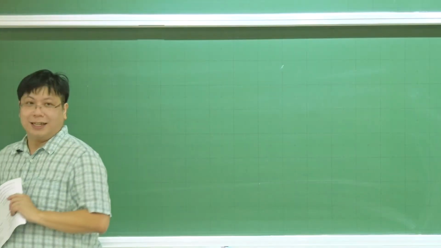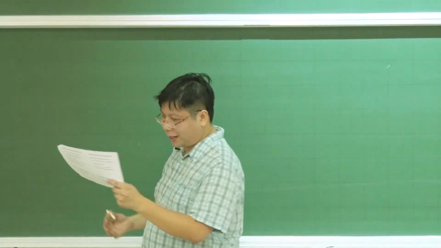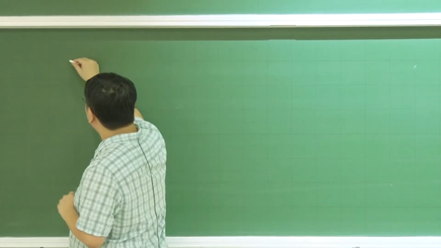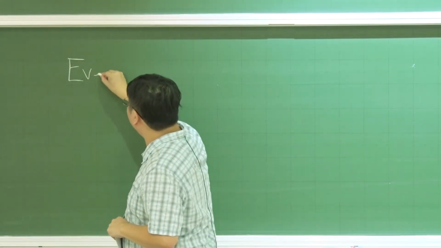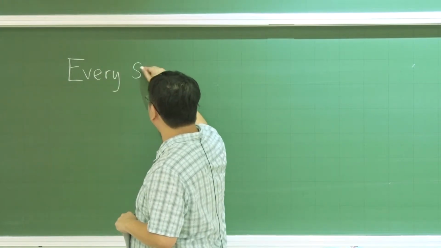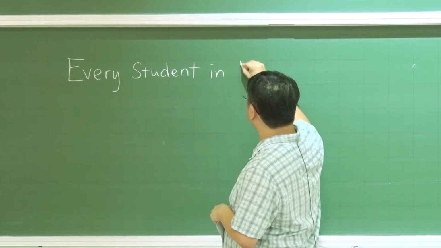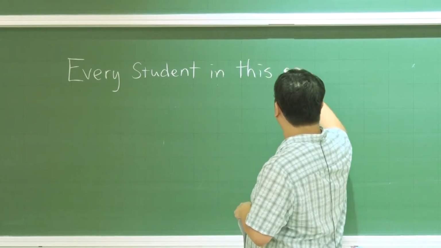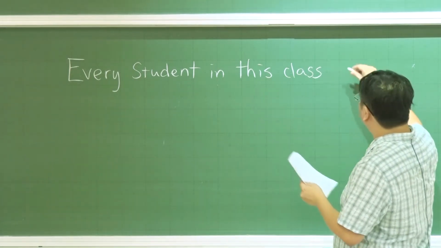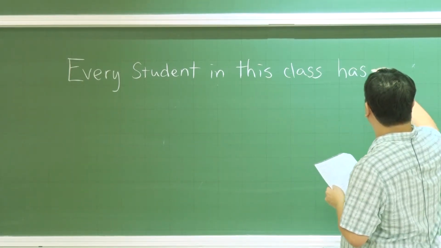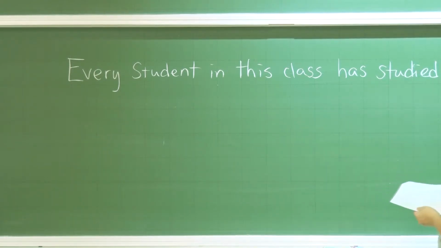Okay, test our understanding. So we have learned a lot of things already. Let's test. So here, I have an English sentence: every student in this class, everyone has studied calculus.